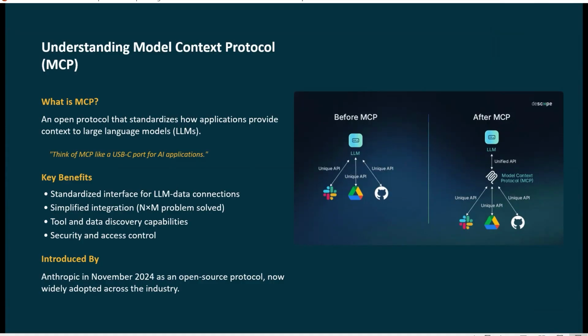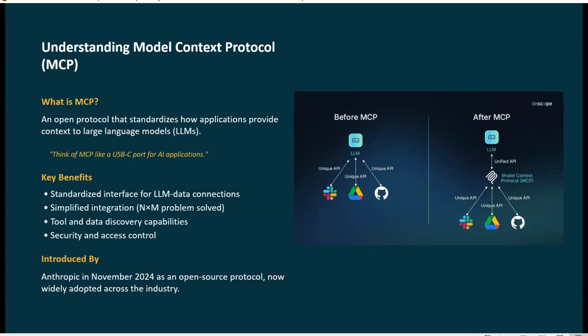On the left side of the diagram, you see the before MCP world: each LLM integration requires its own unique API. For example, for Slack, Google Drive, and GitHub, every connection is custom, creating complexity and duplication. On the right, after MCP, everything is unified. The LLM connects through the MCP, and MCP handles those integrations in a consistent way.